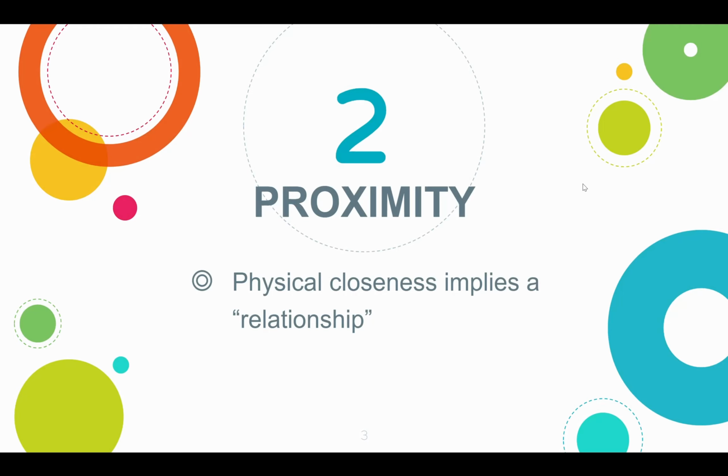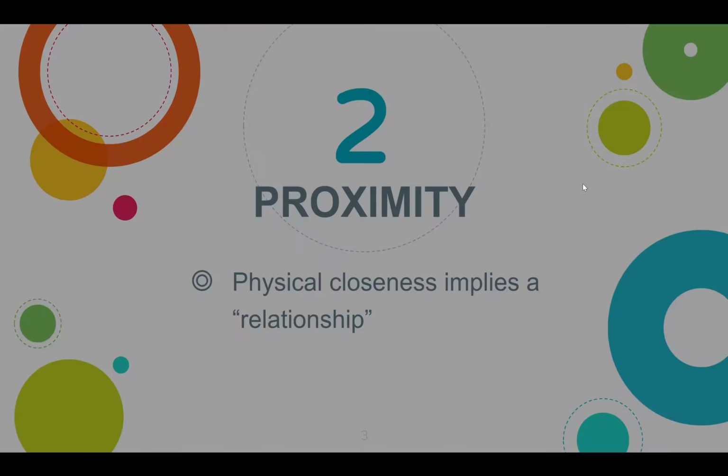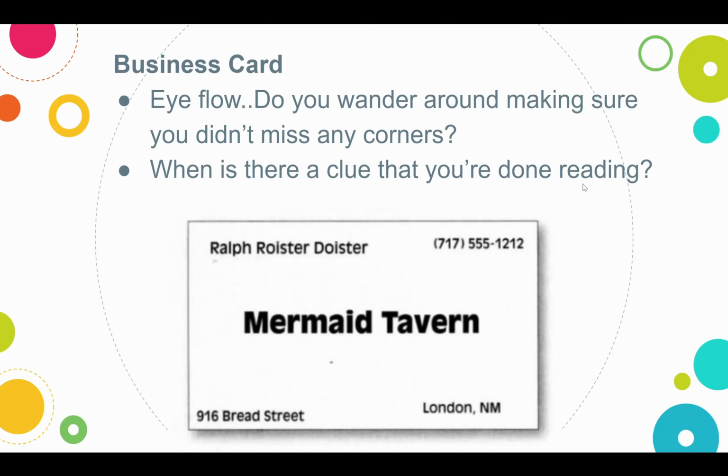Let's start with proximity. It means the physical closeness of something. If 2 objects are near each other, it is assumed that they have some sort of a visual relationship. One of the examples shown in the textbook was this business card by Mermaid Tavern.